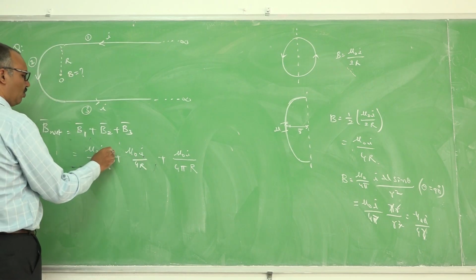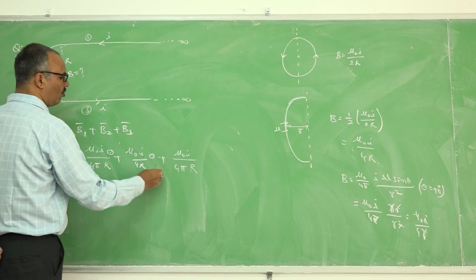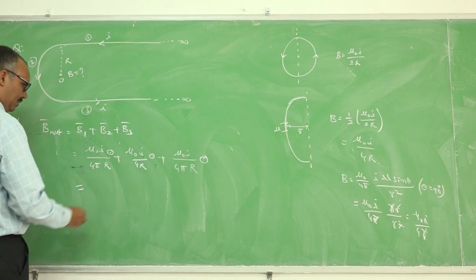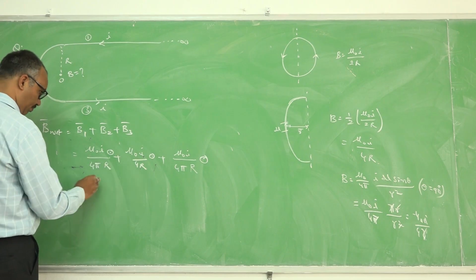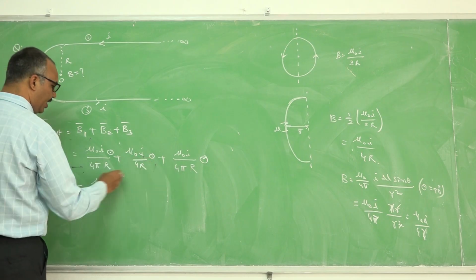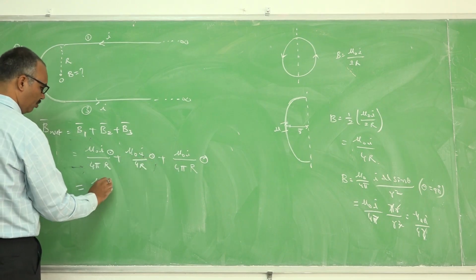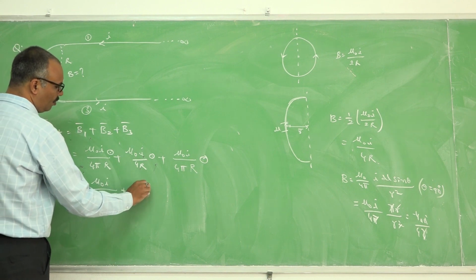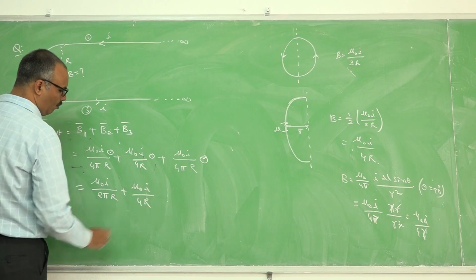This is out of the paper, this is out of the paper, this is also out of the paper. So by adding these three, these two are identical. 1 by 4 plus 1 by 4 is 1 by 2. So mu naught I by 2 pi r plus mu naught I by 4r.